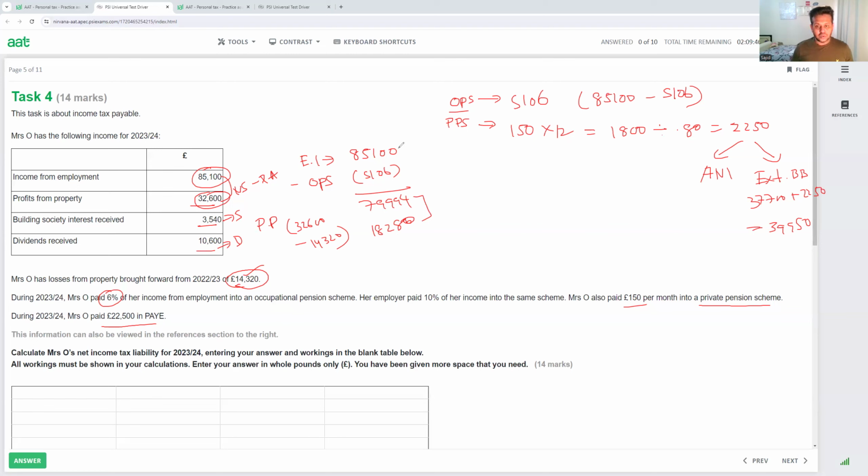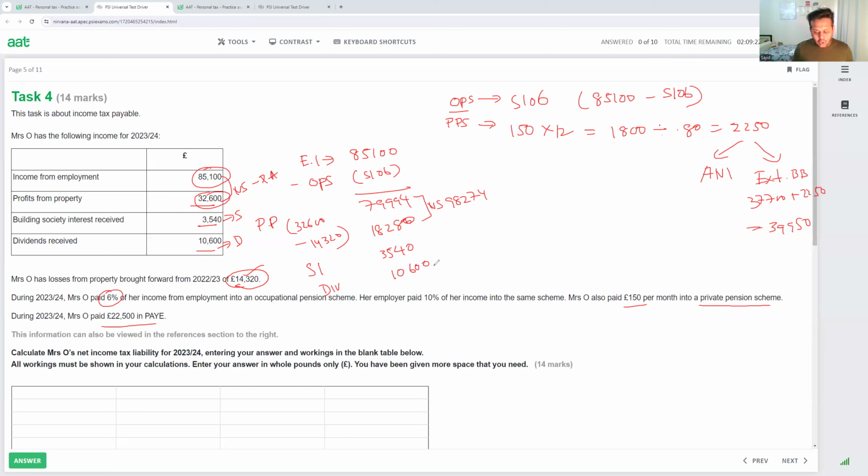So 79,994 plus 18,280, my total non-savings is 98,274. I'm happy with that. Then you have a building society, that's my savings income, which is 3,540. And we have a dividend, and that is 10,600.